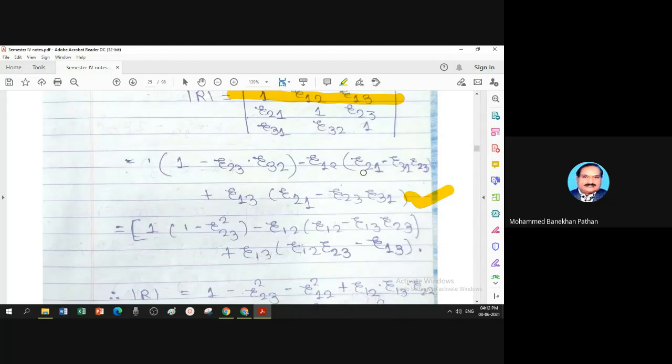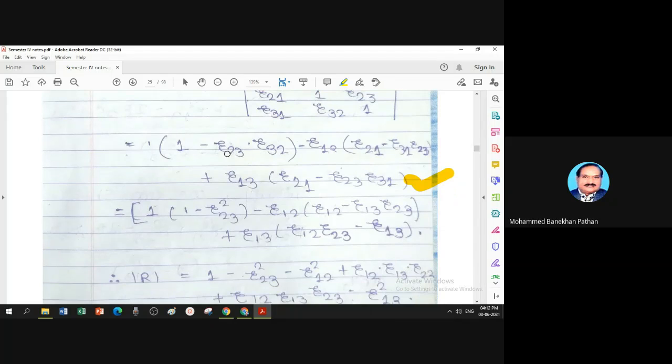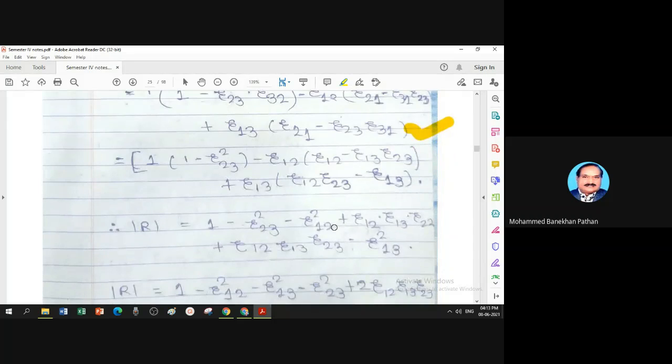We'll try to simplify this by taking the product: 1 minus R square 23, minus R12 times this, plus R13 times this. Simplify: 1 minus R square 23; R12 multiplied by R12 is minus R square 12; this minus R12 R13 R23.